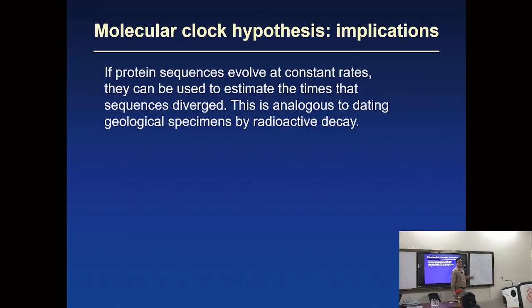How many years will 60% change take? 1% is 20, so for 60% it is 20 multiplied by 60. So then you will say that plants and animals shared their common ancestor 1200 million years ago, right?